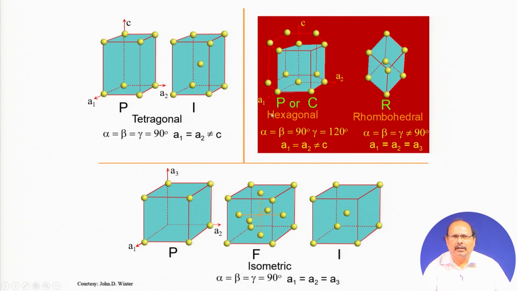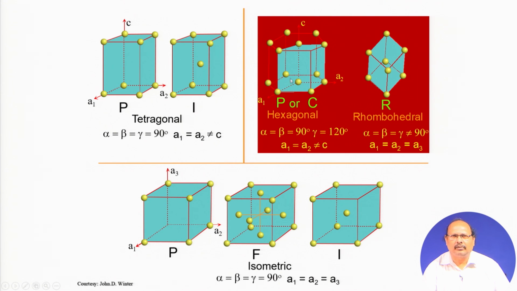In the hexagonal system, what we have here? We have this particular unit, where you have this angle, and this angle is 60 degrees, and this vertical direction is the C crystallographic axis.